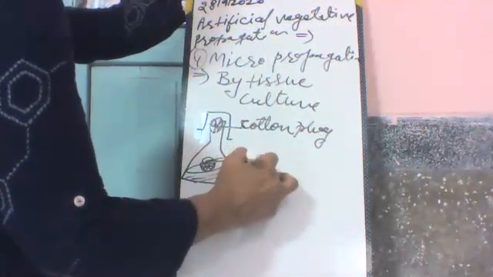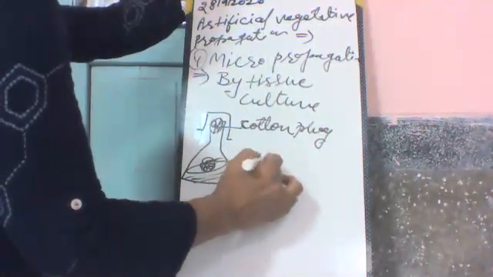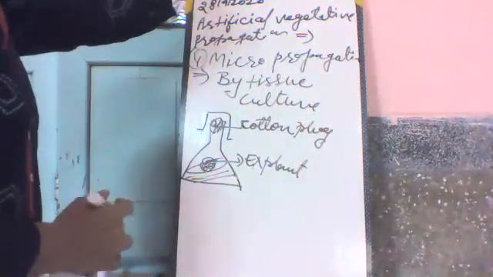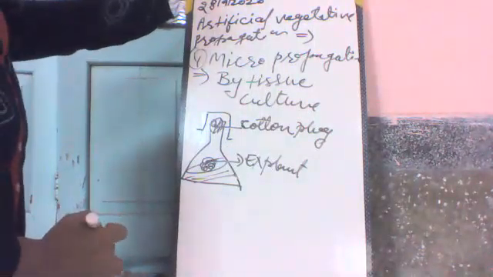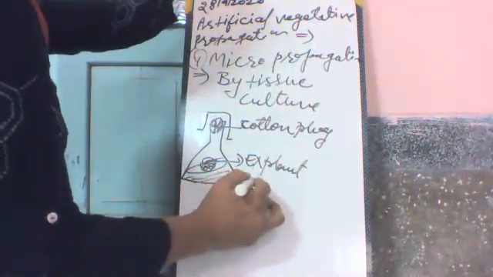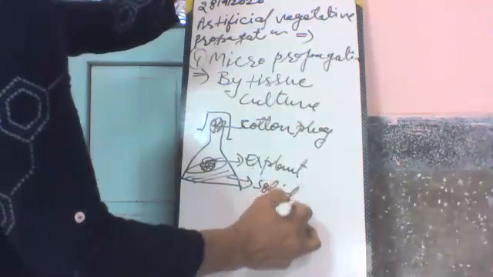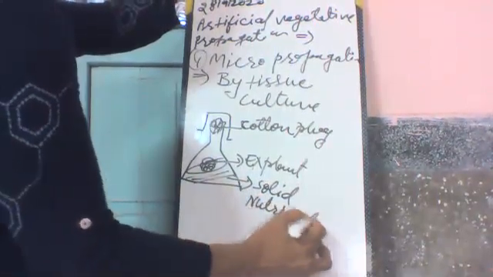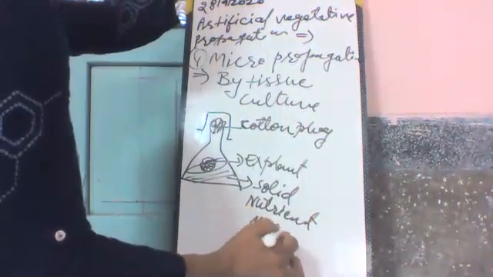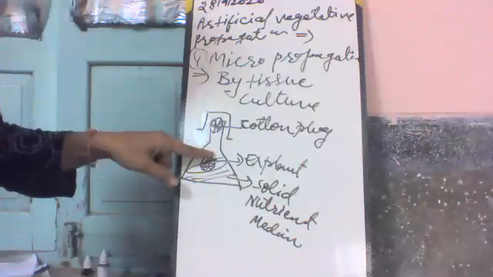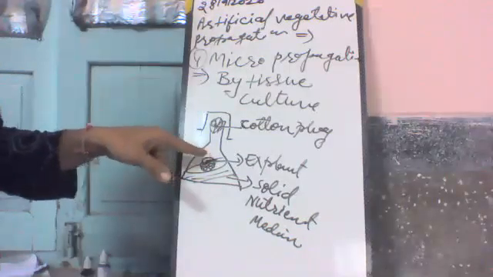Shoot apex, explant cells, and it is a solid nutrient medium. There are some nutrients for the explant to grow here.